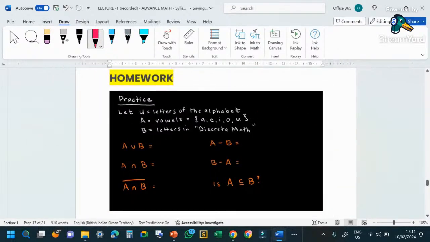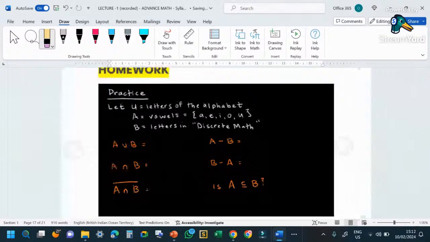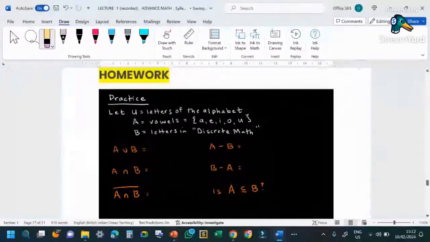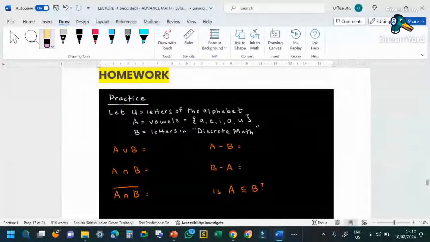And here is the homework prepared for you. You have U as the letters of the alphabet. A would be the vowels, A, E, I, O, U, the set of vowels. And B would be the set of letters in the word discrete math.